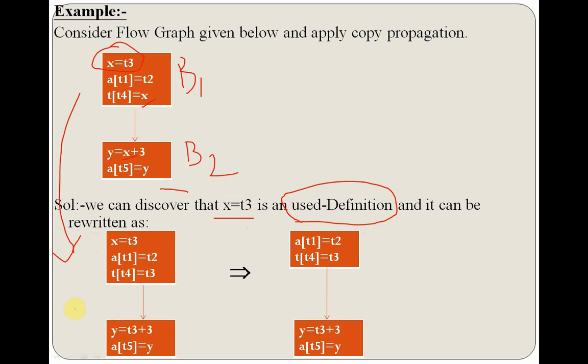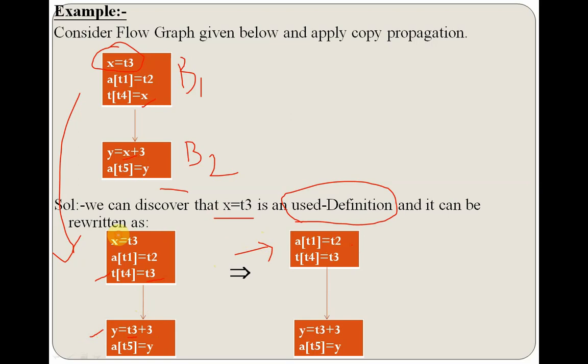In the third line of block 1, I am using x, so instead of that I am using T3. Similarly, in block B2, y = T3 + 3. Here x is replaced by T3. Like that I am simplifying the code, and further it can be simplified as A[T1] = T2.